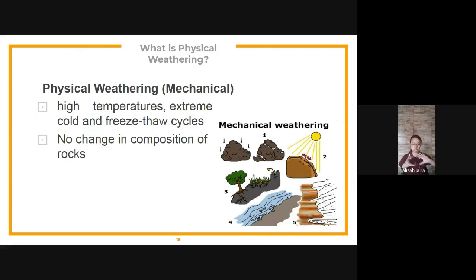So we're not going to change the chemical composition of the rocks. The rock is still a rock. It's not going to change into a different kind of rock. The idea is that it just gets smaller. There's a reduction in size. So these are actually brought about by higher temperatures, extreme cold, and freeze-thaw cycles.